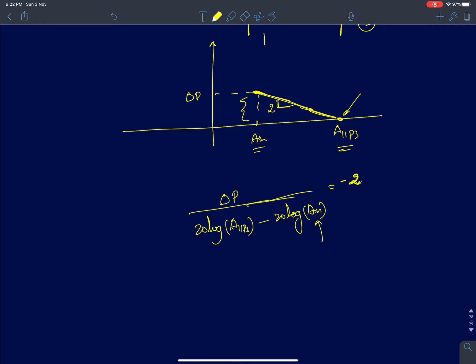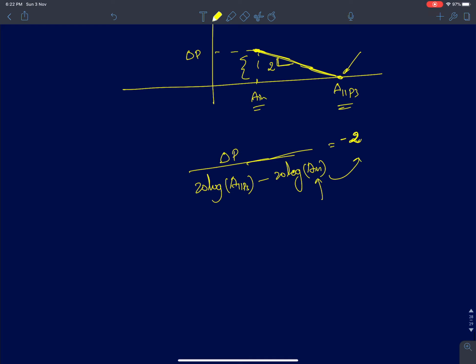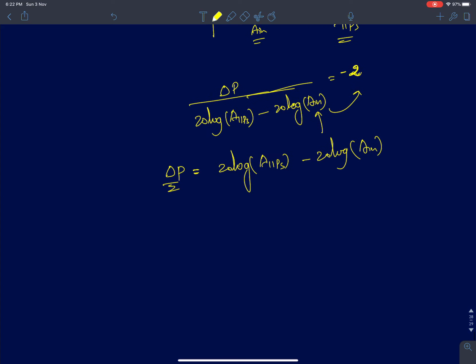If I take this term on this side, I'm actually going to get delta P by 2 equals 20 log A IIP3 minus 20 log A in. So your A IIP3 in decibels is simply going to be delta P by 2 plus 20 log of A in.